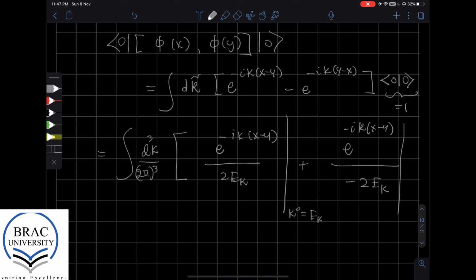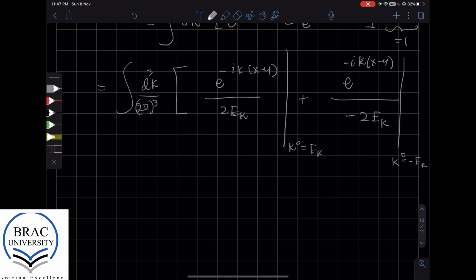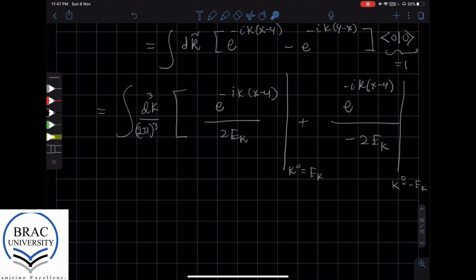And here we take the zeroth element of k to be minus E_k. So let's pause and figure this out. What's happening here is that the k0 element is a negative number.